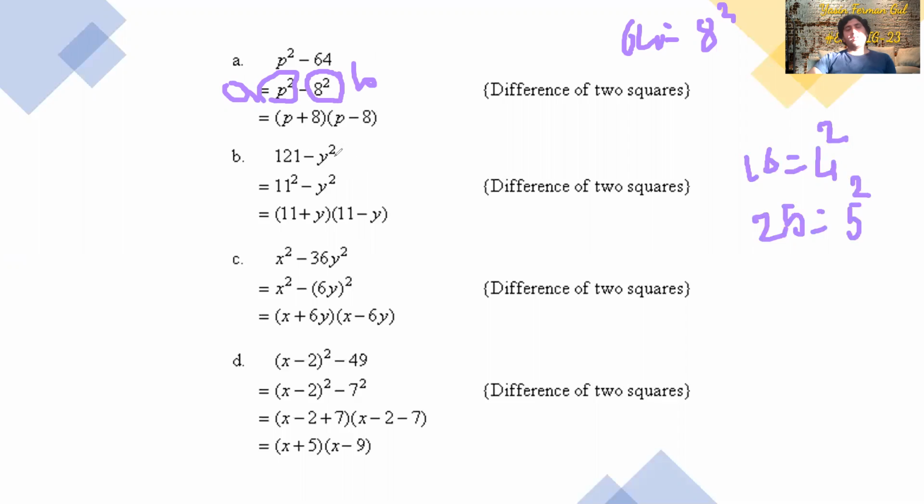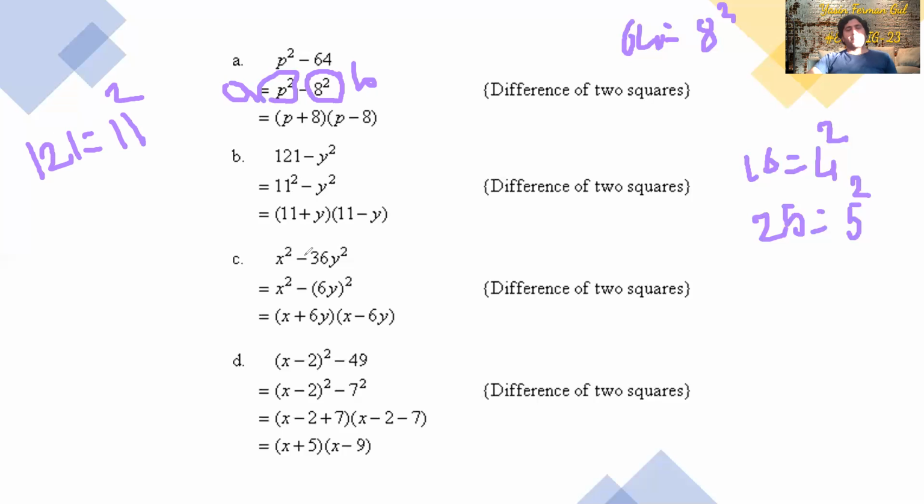Now y squared is in the form of an exponent, but 121 is a whole number. But I do know that 121 is the square of number 11. So it's 11 squared. Now I'm going to write it like this, 11 squared minus y squared. So then I'm going to say 11 plus y times 11 minus y.